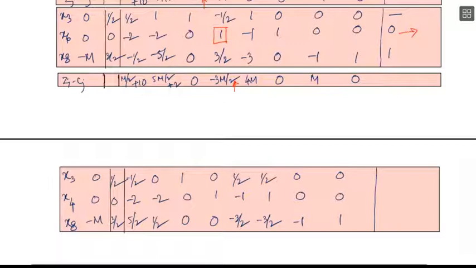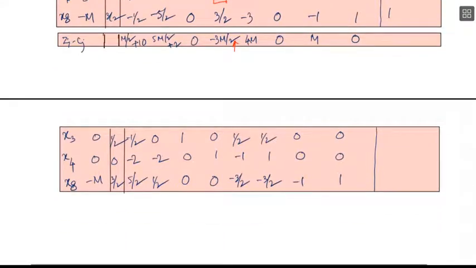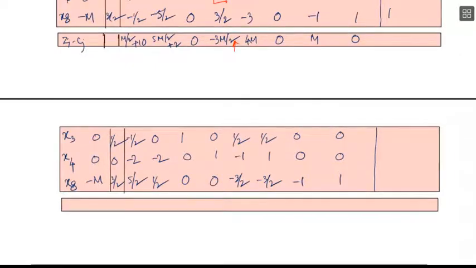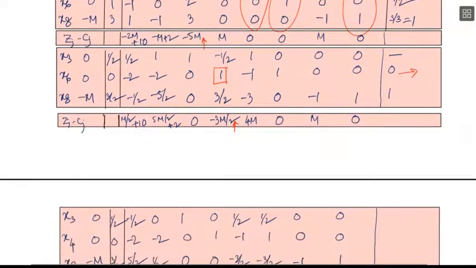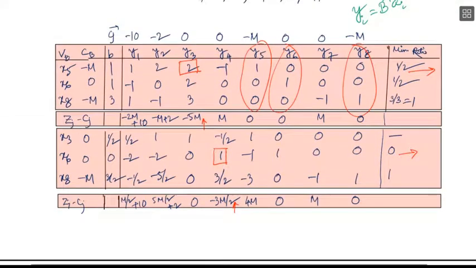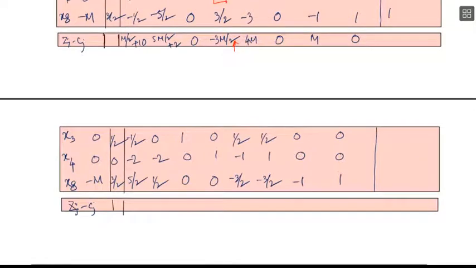Now we calculate the Zj minus Cj's again. It will be minus 5M by 2 plus 10, minus 5M by 2 plus 10.